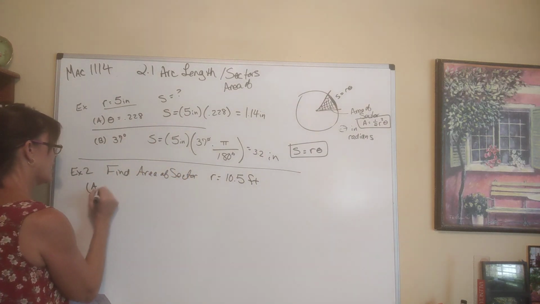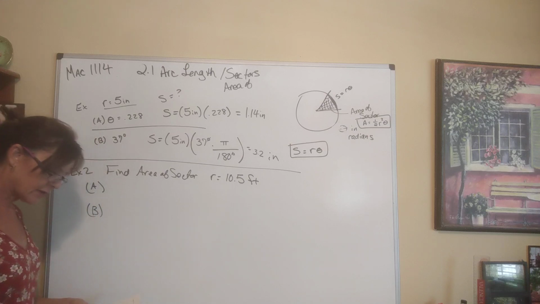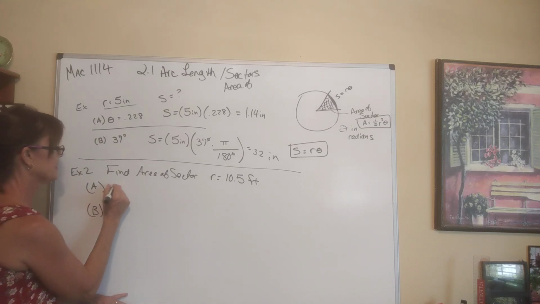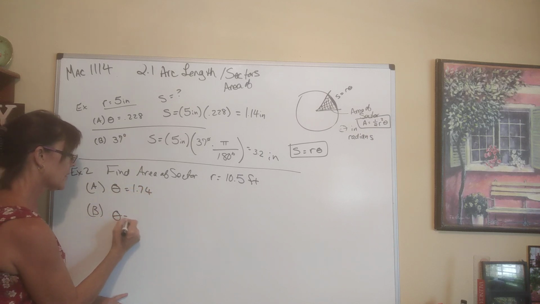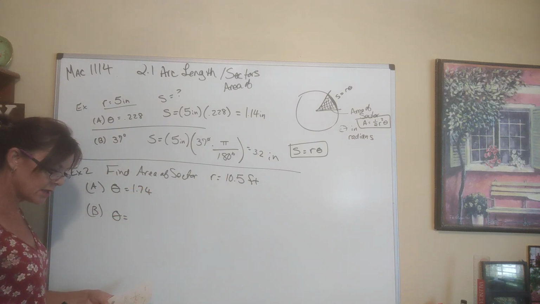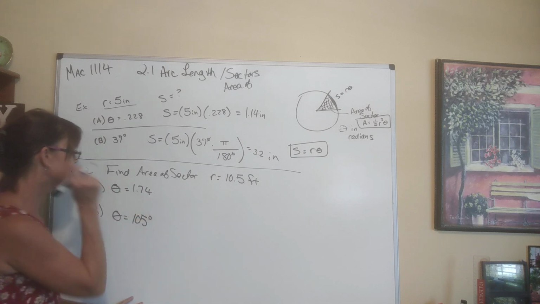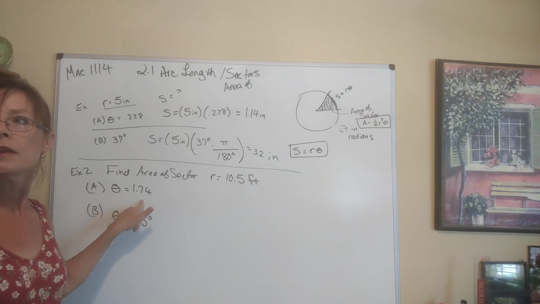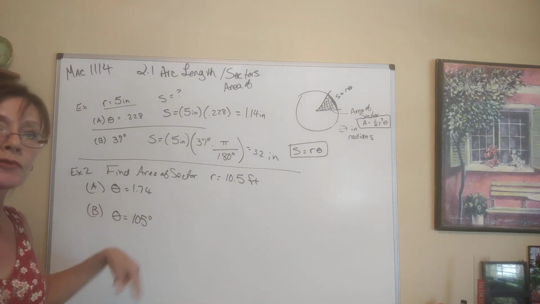So for part A, the first angle that they gave us is theta is 1.74. And the second one is theta is 105 degrees. Okay. So we sort of have the same situation. The first angle's in radians, so we're ready to use the formula, and the second one is in degrees. We have to convert that before we can use it.